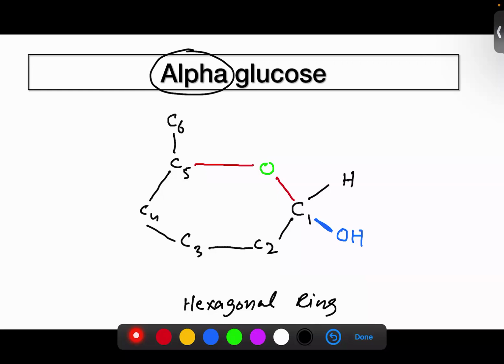On carbon number 2, it has an OH group here and an H here, and on carbon number 3, the position of OH and H is different than carbon number 2. Carbon number 4 has an OH group here and hydrogen here. Carbon number 5 has hydrogen with it, and carbon number 6 has an OH group and 2 hydrogen to complete the 4 valency of carbon number 6. So this is alpha glucose.